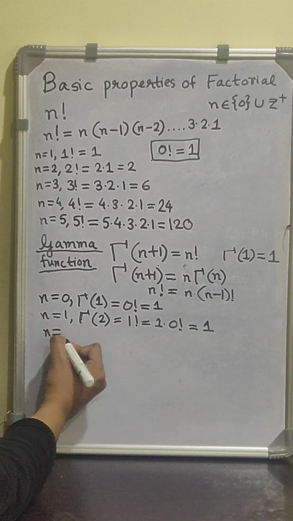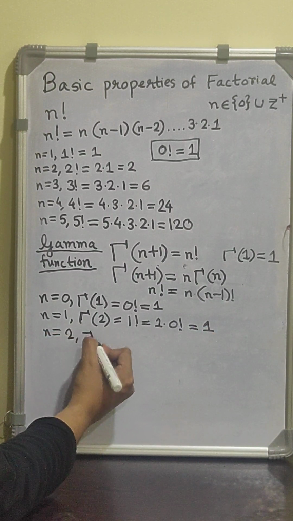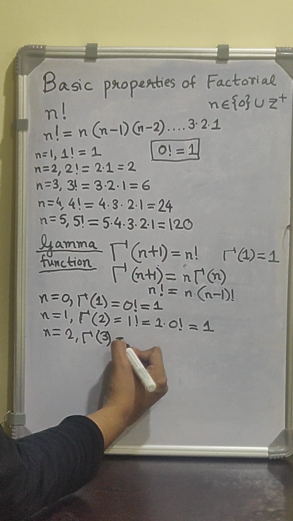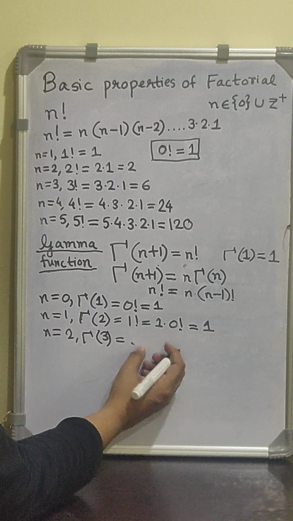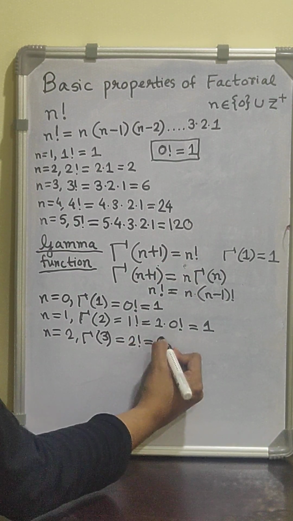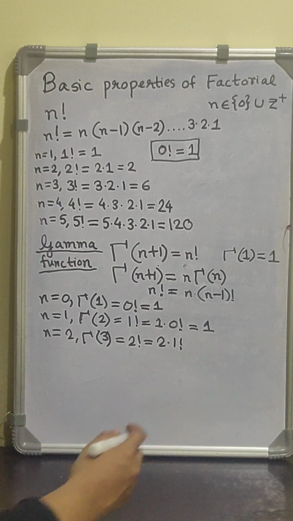If n is 2, then gamma 3, because n plus 1 is 3, sorry, n factorial, 2 factorial is 2 into 1 factorial.